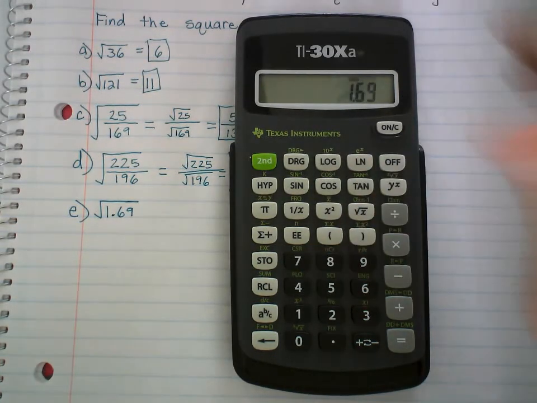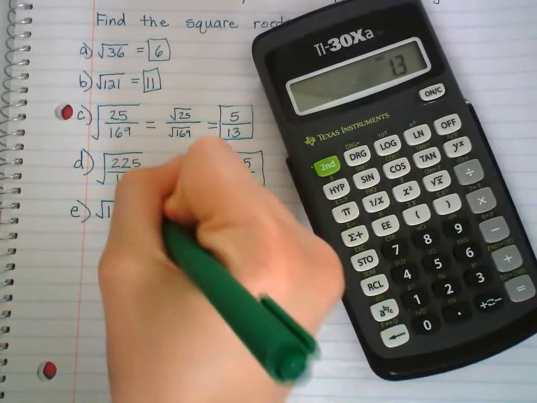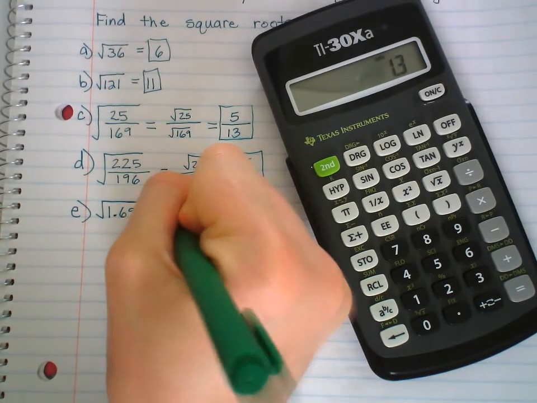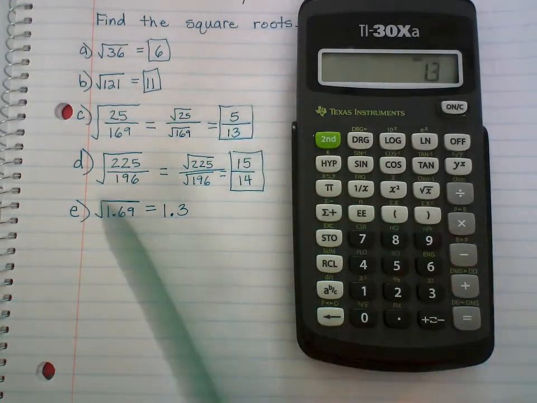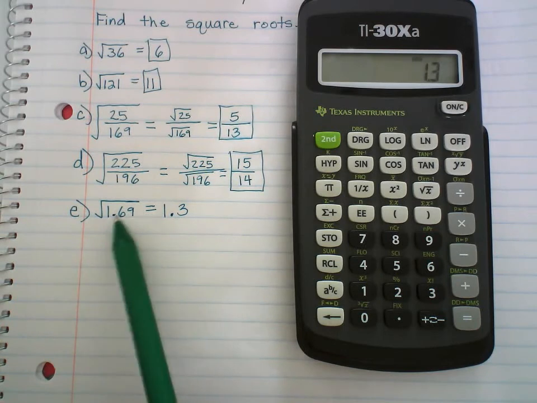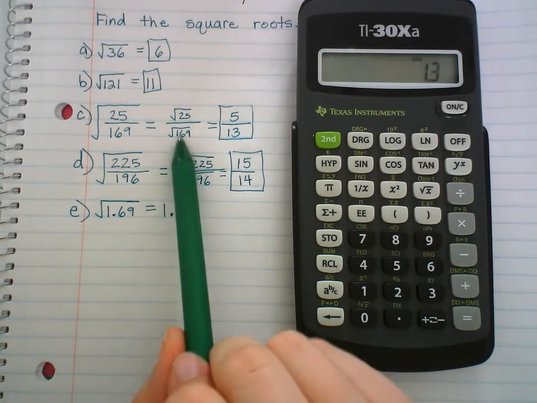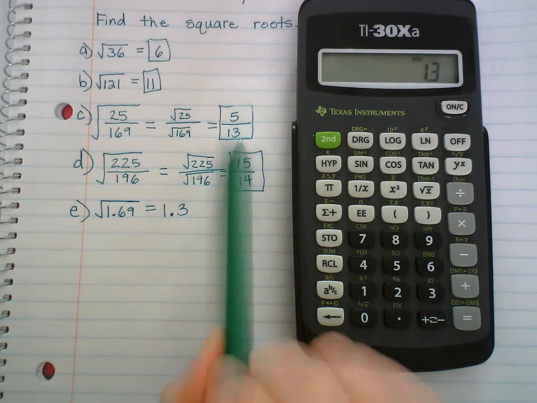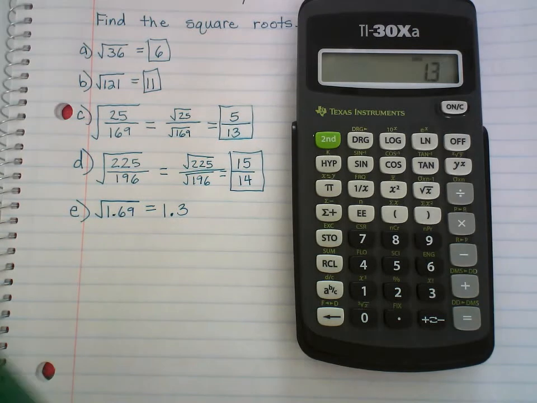What number times itself is 1.69? 1.3. Now, that might actually make sense to you if you think about it, okay? We want you guys to have number sense. Make it make sense. If you remove the decimal, 169, the square root of 169 was 13. So that makes sense why it's 1.3, 1 and 3/10.